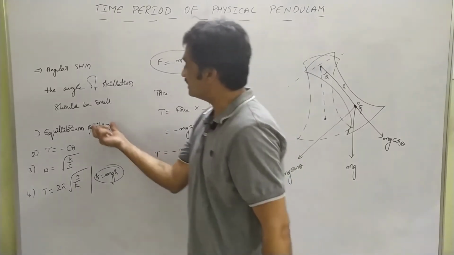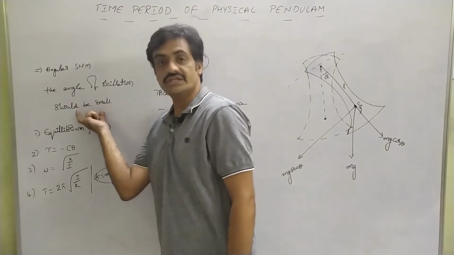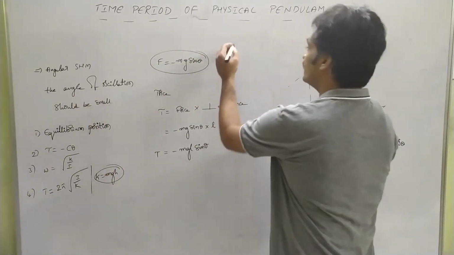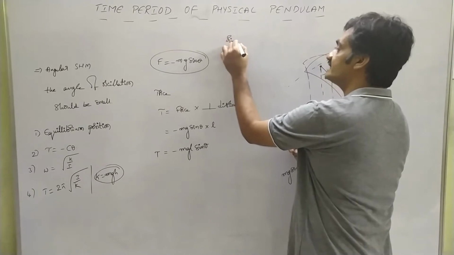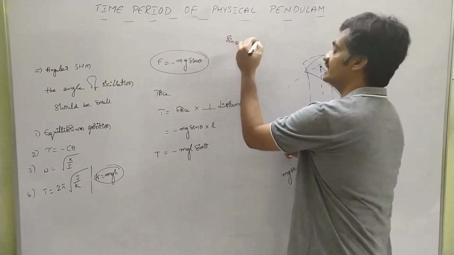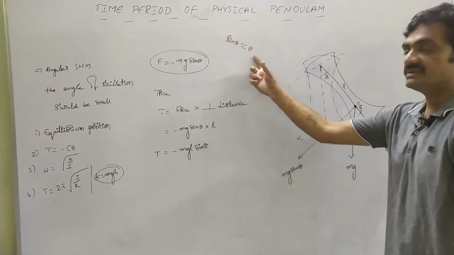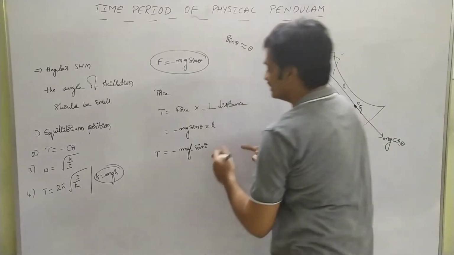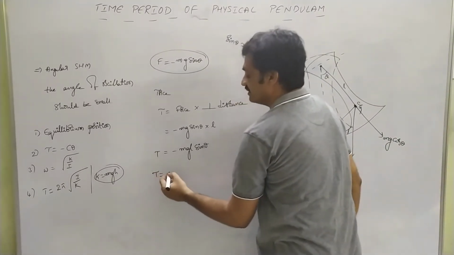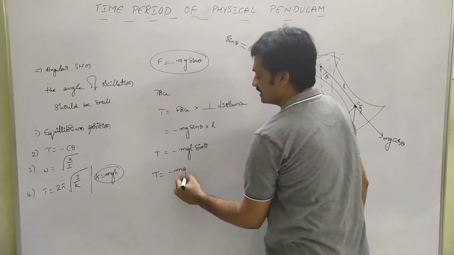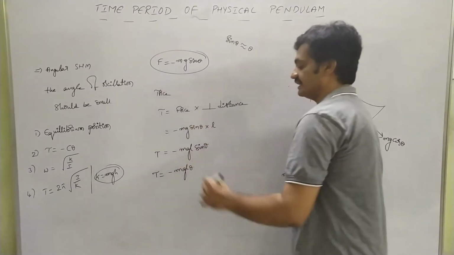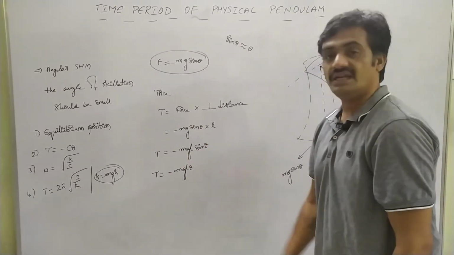As we had considered that the angle of oscillation should be small, we can represent sin theta approximately equals theta. As we substitute this value, we get tau equals minus mgl theta.